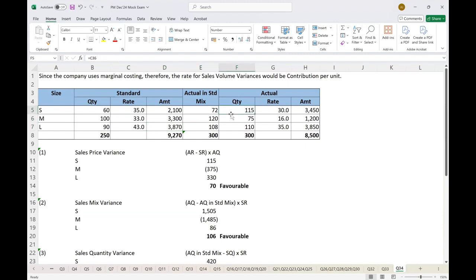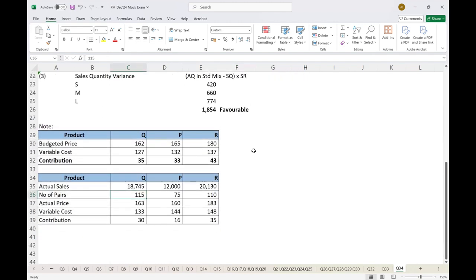Now my actual sales was also given in the question: 115, 75 and 110. And actual sales in dollars, the sales value, was also given: 18,745, 12,000 and 20,130.